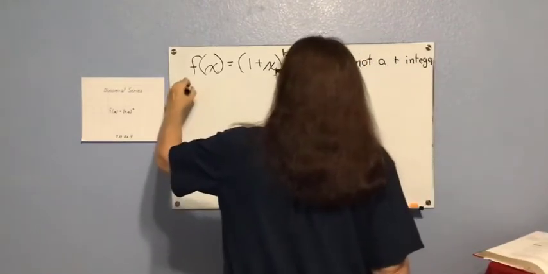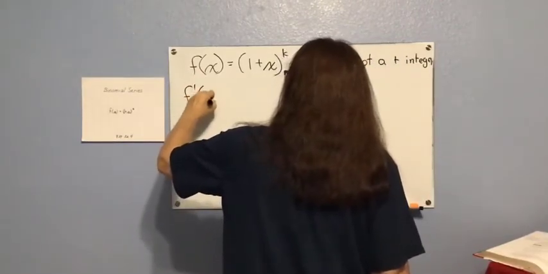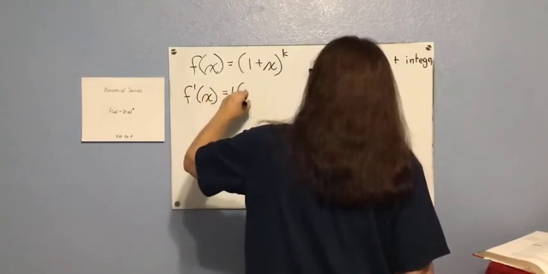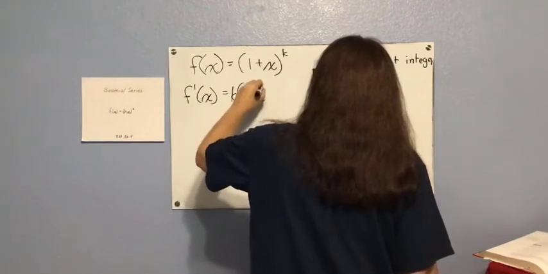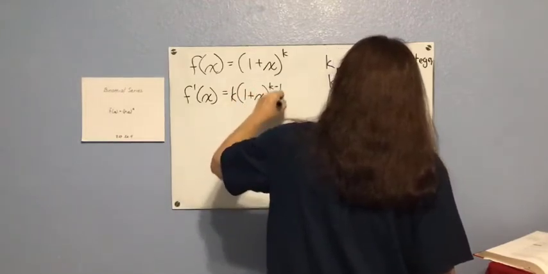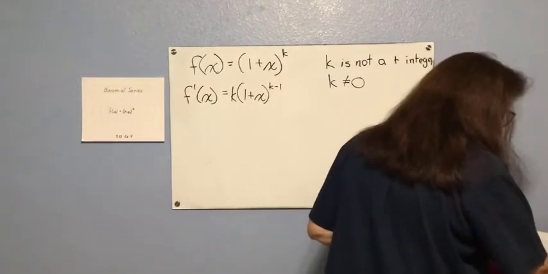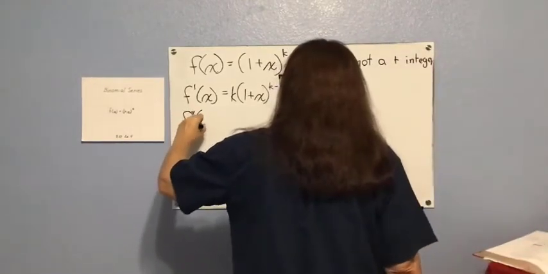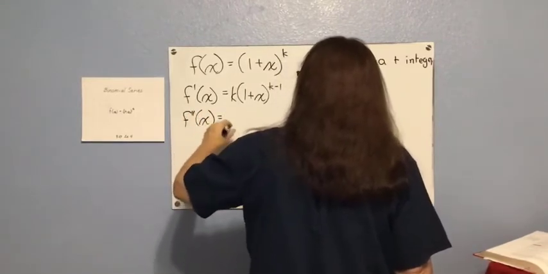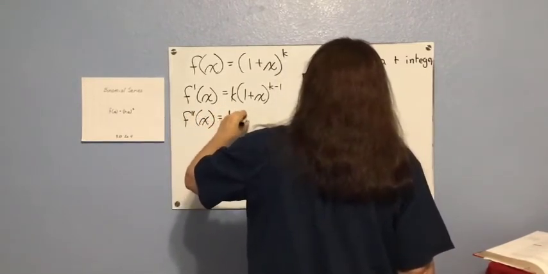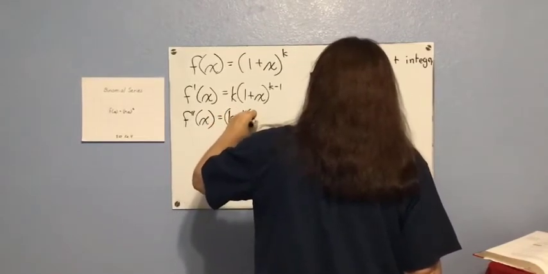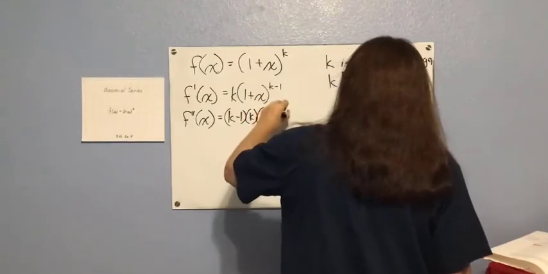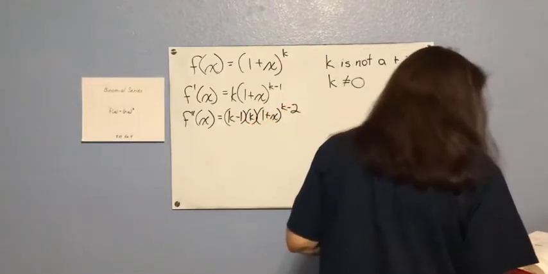Okay, this is f of x. f prime of x is going to equal k times 1 plus x to the k minus 1 power. f double prime of x is going to equal k minus 1 times k times 1 plus x to the k minus 2 power.